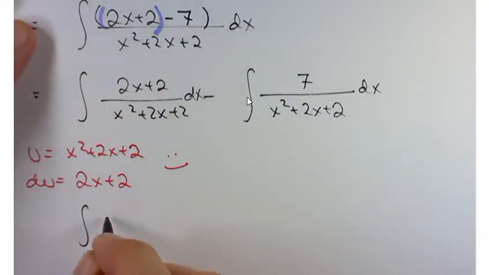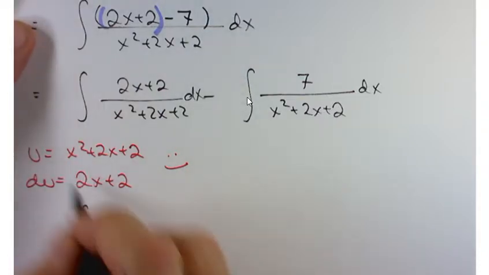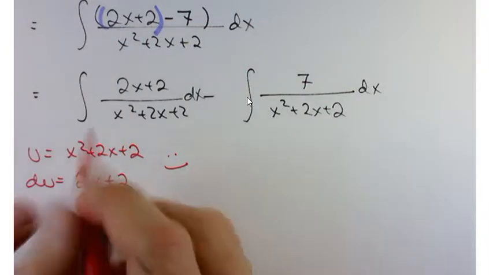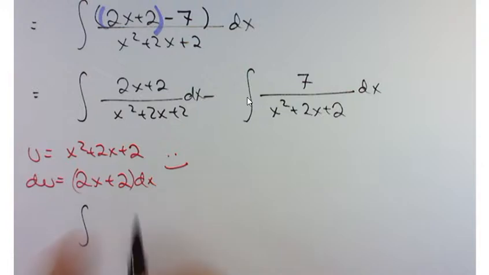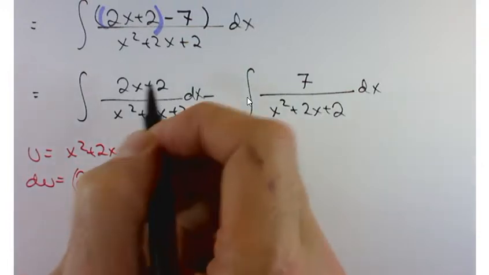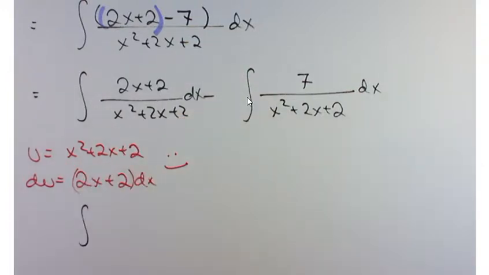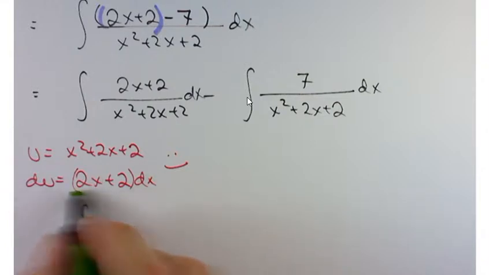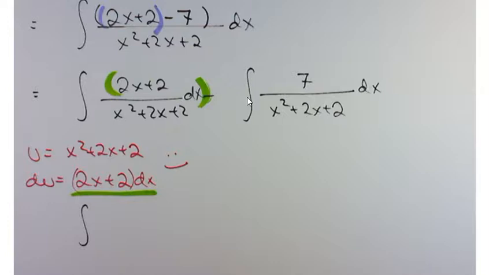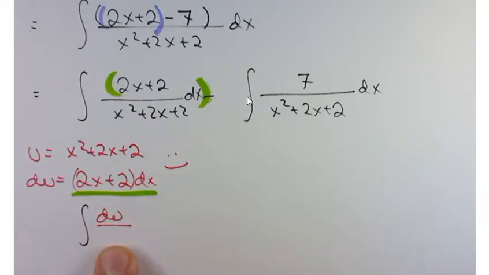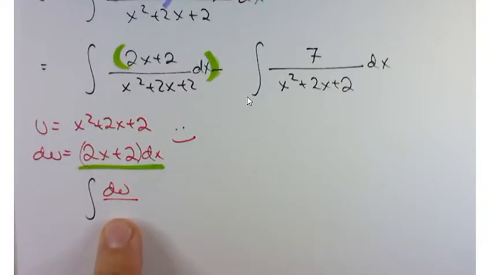We'll get the integral of du, actually I should have put a dx here. This whole term here is exactly what I have up here. So here and here, those two things are the same. So that's my du term. What's the denominator? Just u. Yay.